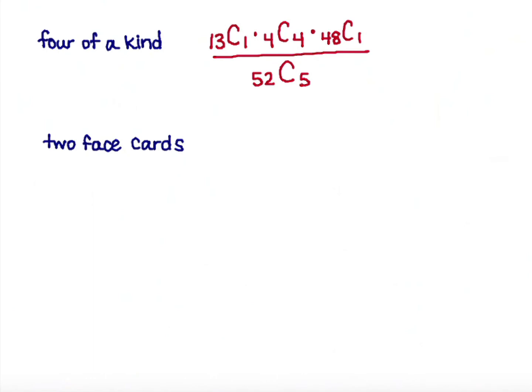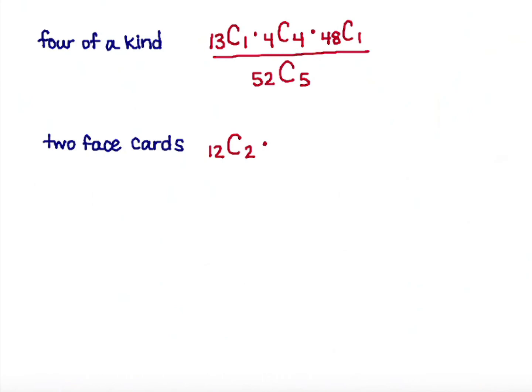2 face cards. What are the chances that we get 2 face cards? Well, first of all, how many face cards are in the deck? There are 12 face cards in the deck, those jacks, kings, and queens, and we are going to choose 2 of them. Now, I'm assuming that means exactly 2 face cards, so now we still need 3 cards in our hand that are not face cards.